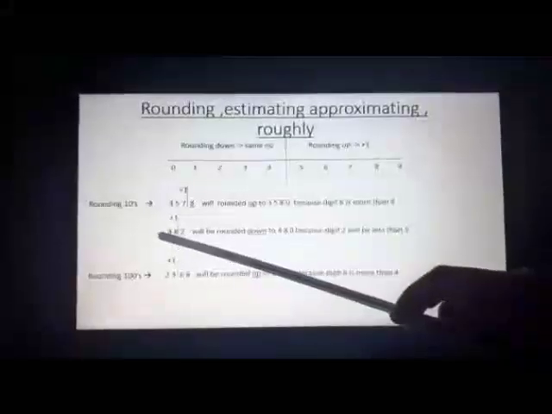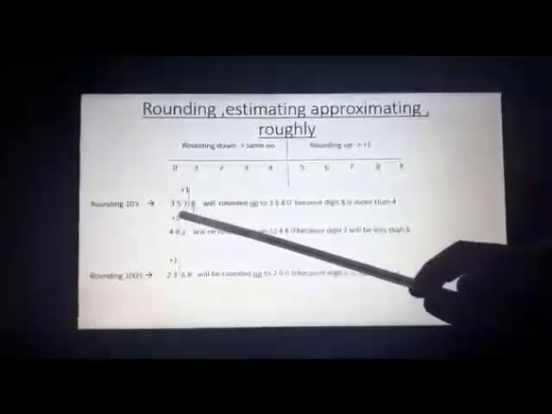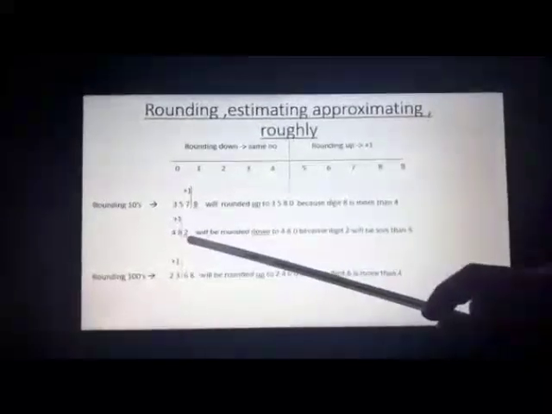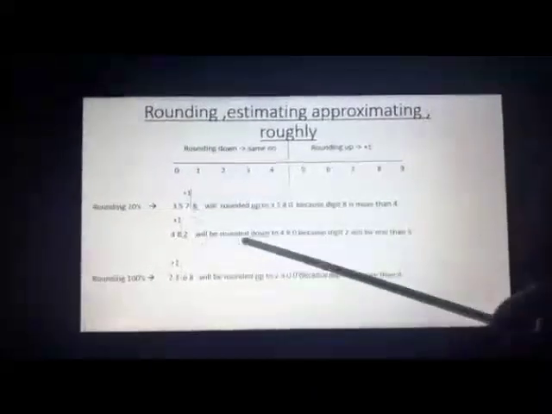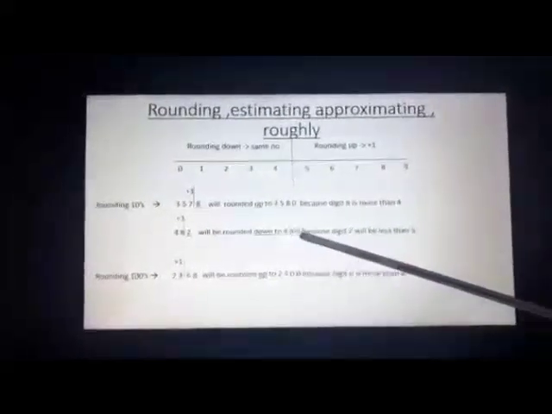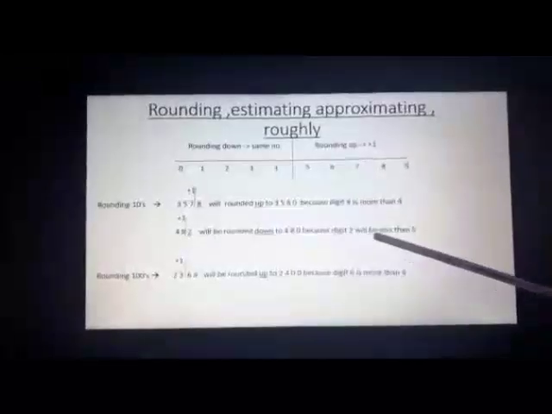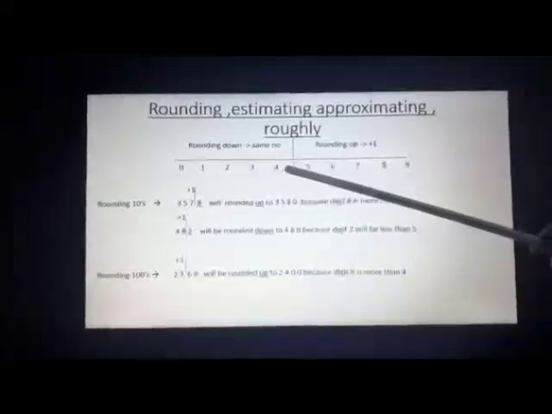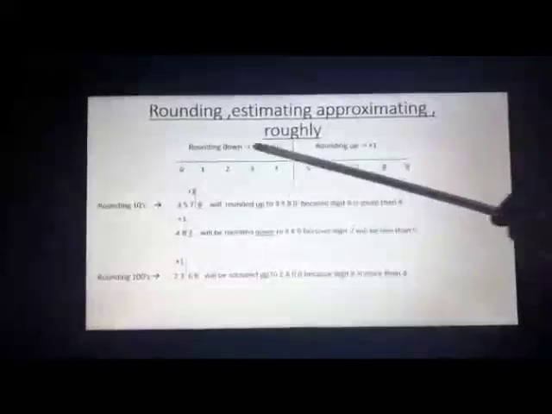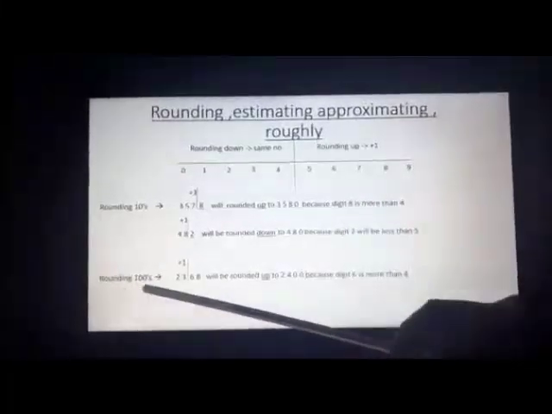Second example, 482. Again I put a slash and see the digit 2. It will be rounded down to 480, because digit 2 is less than 5. That is why it is rounded down. Now rounding hundreds.